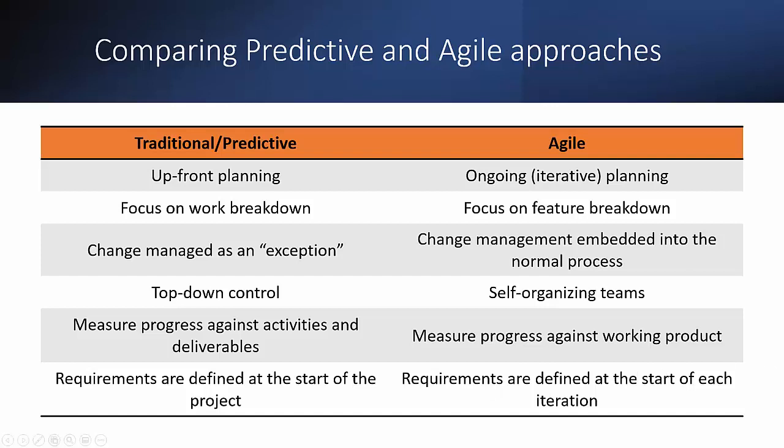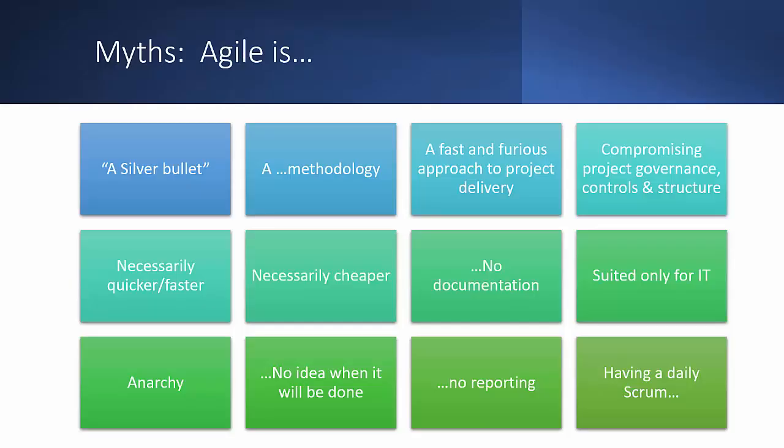So as you can see, there are quite some differences between these two approaches. And if you've never seen an agile team work, it might be a little bit puzzling to imagine how this can actually fit together. But it does fit together. Of course, there's a lot that is said about Agile which instead is not true at all. And here we have a little summary of myths about agility.